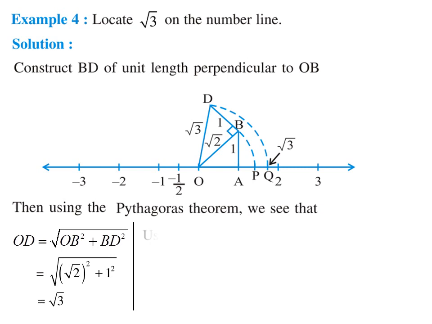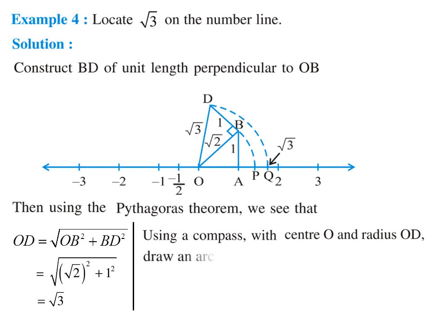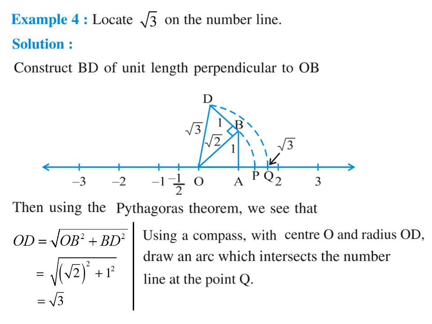Again, using a compass with center O and radius OD, we draw an arc intersecting the number line at point Q. Here you can see we have drawn an arc which intersects at point Q. So Q represents the number root 3 on the number line.